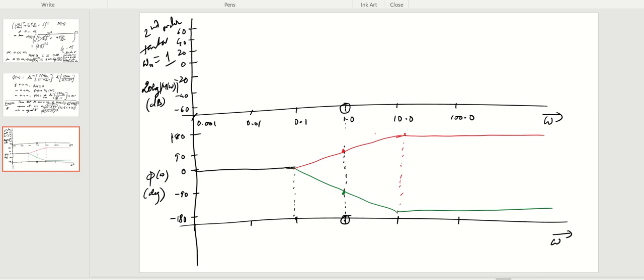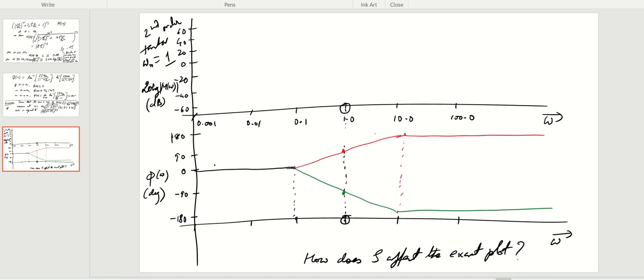So the question before us is, how does zeta affect the exact plot? That is the question we are interested in answering here. It goes from 0 to plus 180 or 0 to minus 180 through plus or minus 90 at the break frequency. But how does it go?